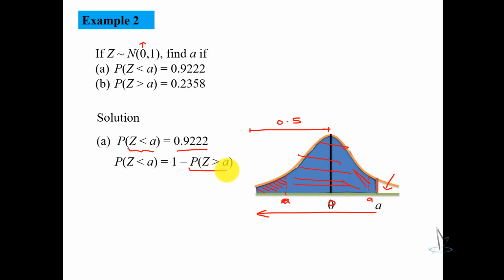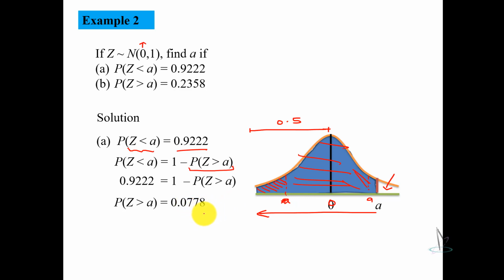Therefore, if I want to find probability of Z greater than A, probability of Z greater than A needs to be 1 minus 0.9222. Therefore, probability of Z greater than A will be 0.0778.